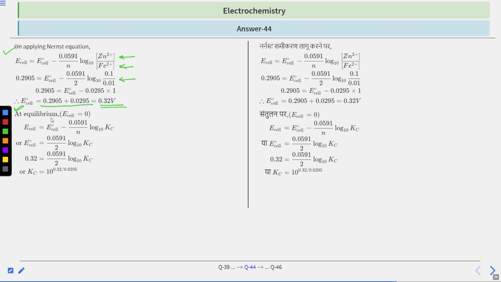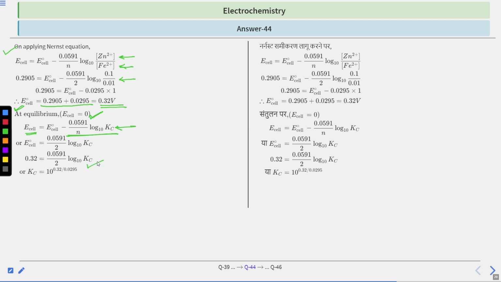Now at equilibrium, E of cell, the EMF of the cell, is equal to 0. So in the Nernst equation, this term becomes 0, and E naught of cell equals the remaining term. Now we know the E naught value, so we put it in the equation: 0.32 equals 0.0591 divided by 2 log base 10 Kc.